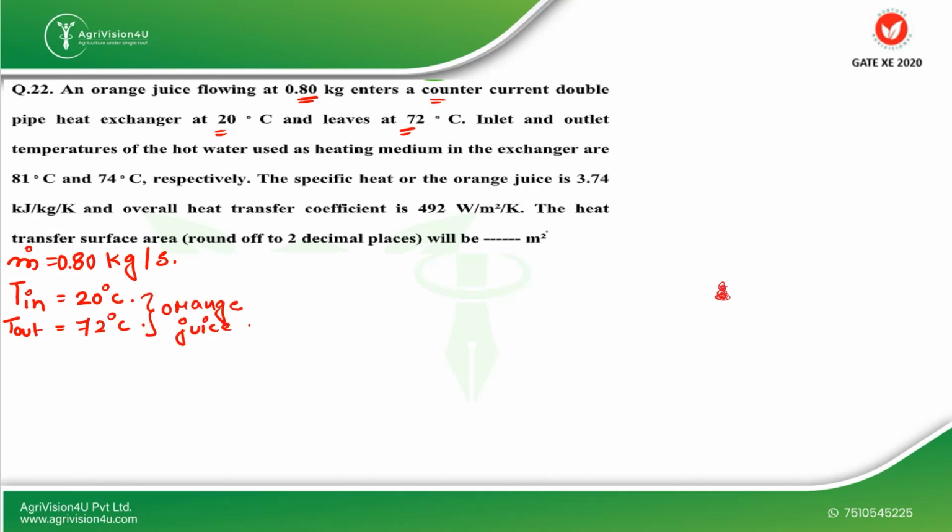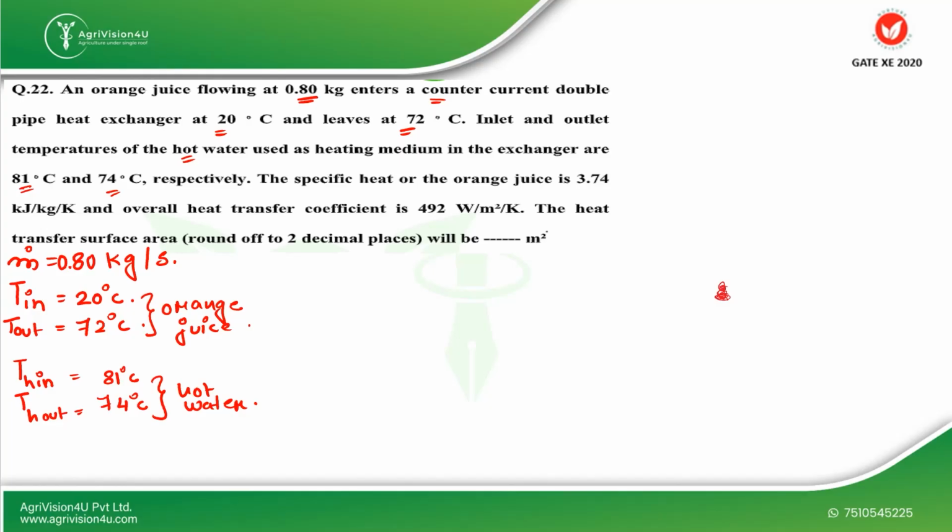Now inlet and outlet temperatures of hot water used as a heating medium in the exchanger are 81 degrees Celsius and 74 degrees Celsius respectively. So T hot in is 81 degrees Celsius and T hot out is 74 degrees Celsius.